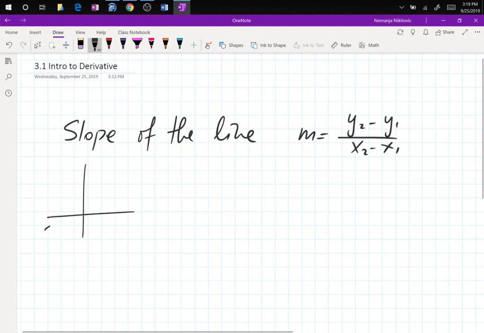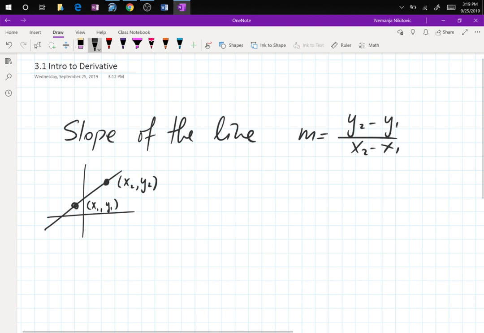So if you have some kind of a line, you are going to have these 2 points, x1, y1, and x2, y2, and you are able to calculate the slope by simply running the formula you are familiar with.